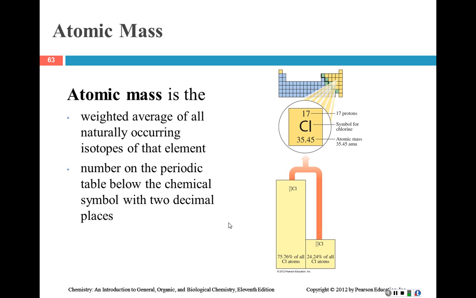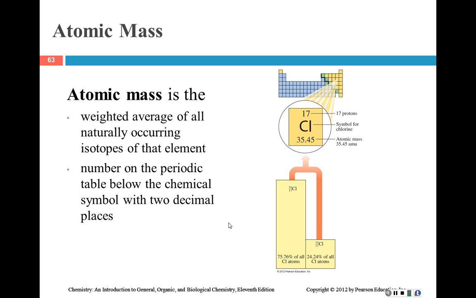So I mentioned this earlier, that the atomic mass that we report is a weighted average of all the naturally occurring isotopes of that element. And so when we put that number on the periodic table, that is a weighted average.